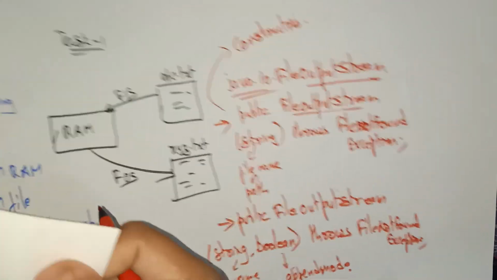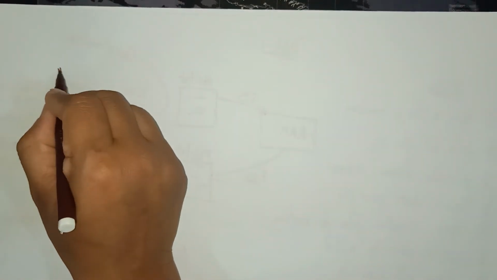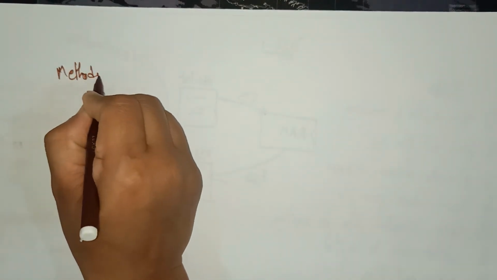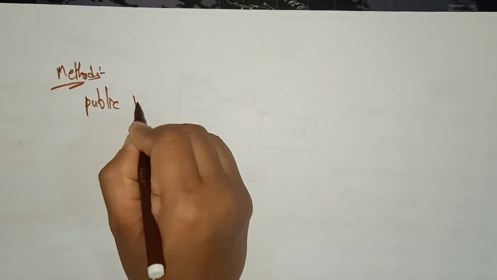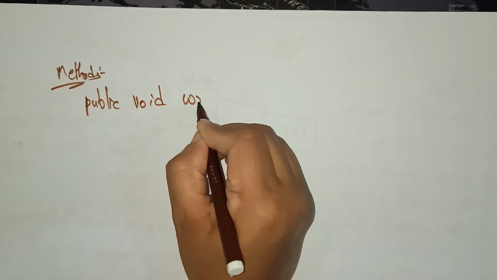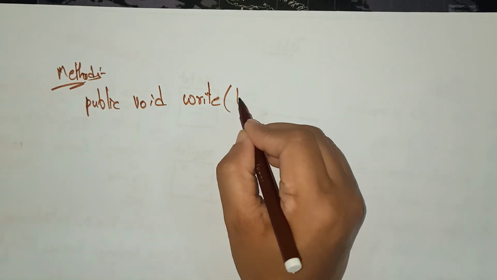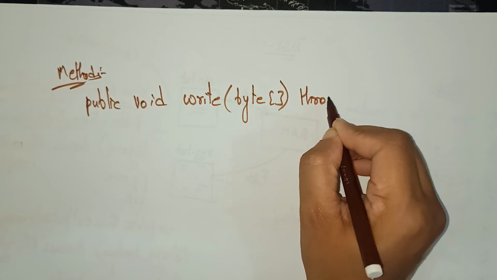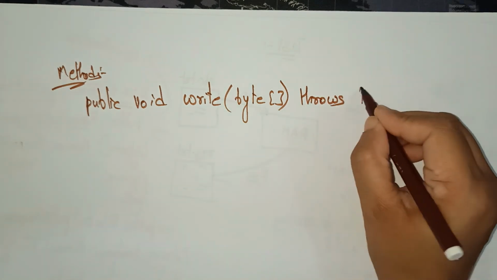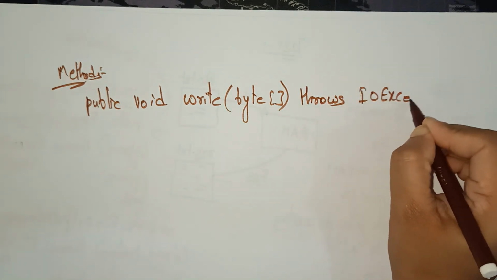Now let's see the methods also. What methods do we require for this task? The methods we require in this program are public void write, which writes a byte array, and if nothing is there to write, it throws IOException, meaning input output exception.